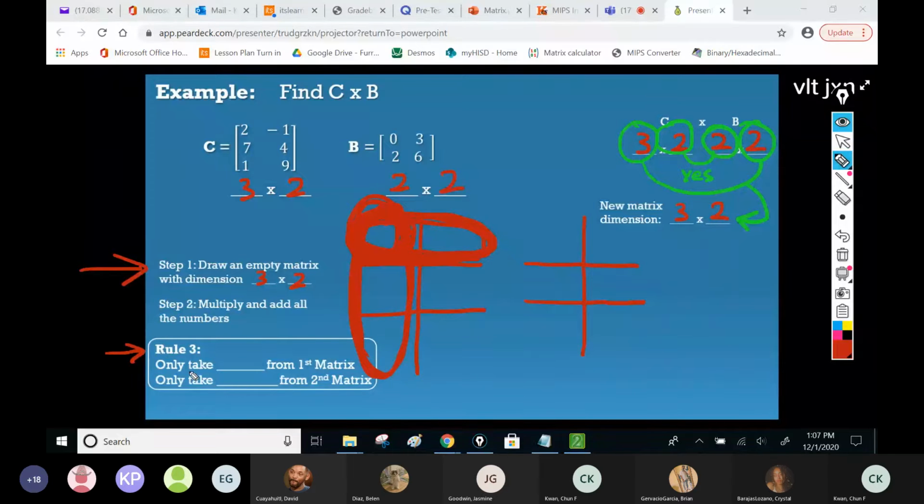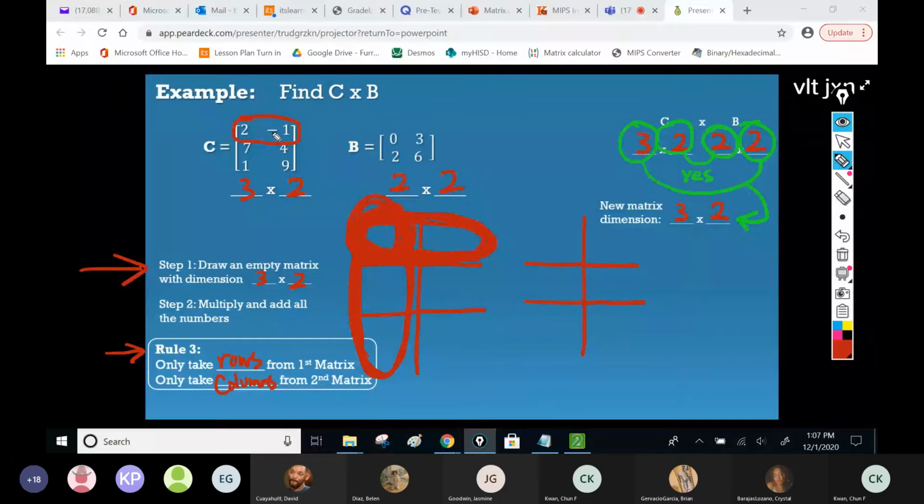We will only take rows from the first matrix, and we will only take columns from the second matrix. So that means I'm going to take the first row. So this upper left box is the first row. I'm going to take the rows from the first matrix. We only take rows from first matrix.